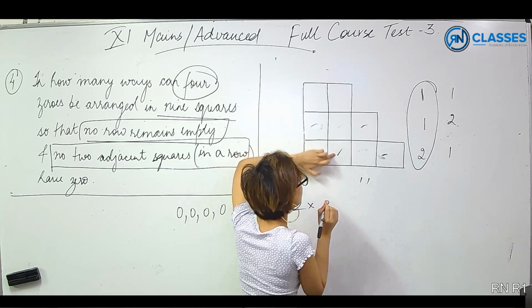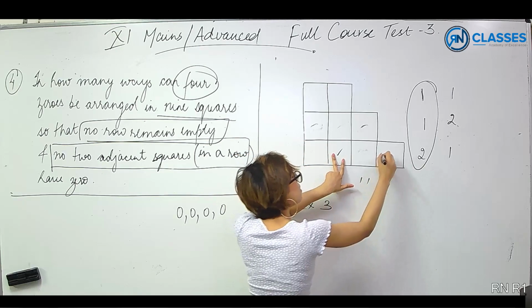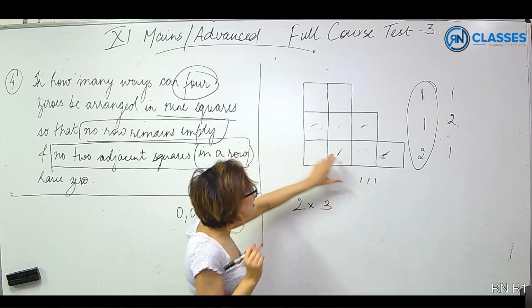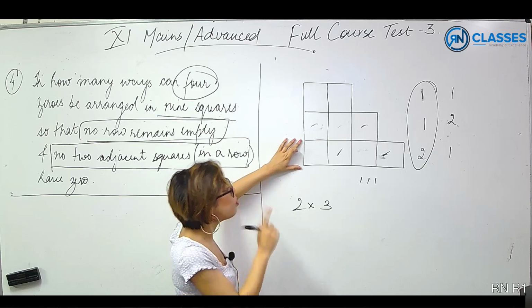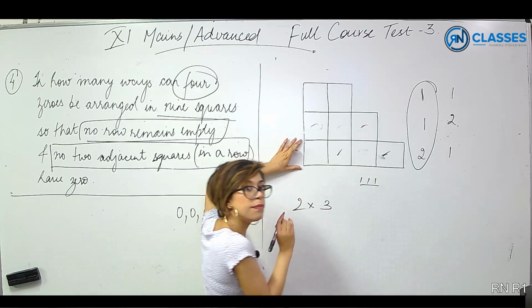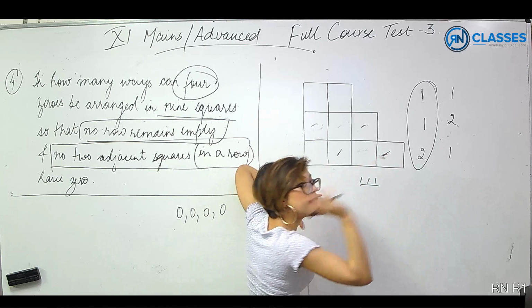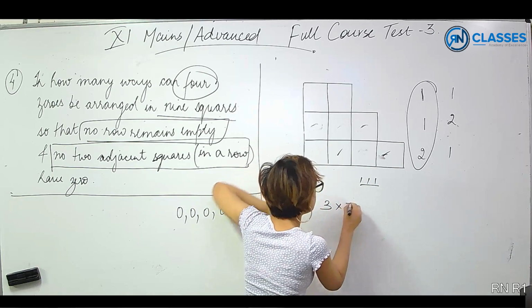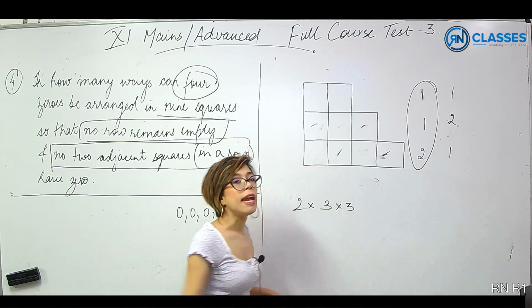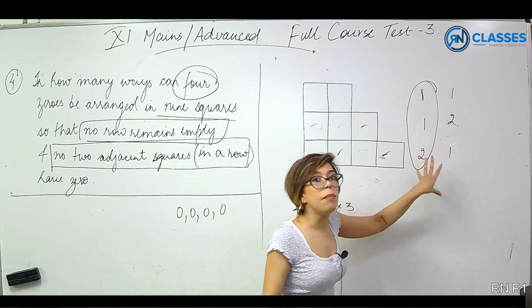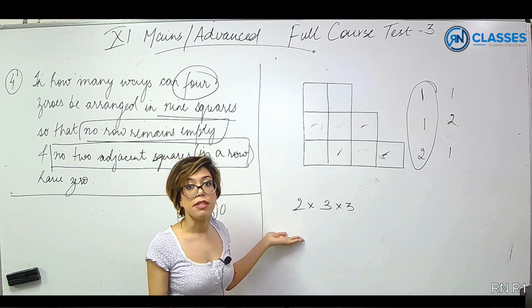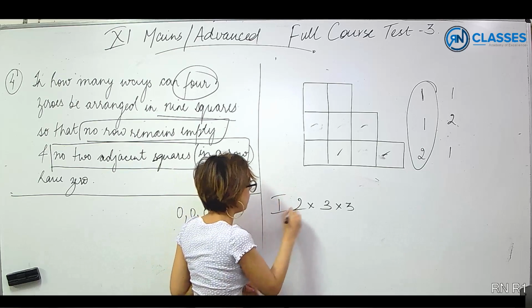So in total, the number of ways of putting 2 zeros in this row is 3. Now corresponding to these choices, I am getting 3 choices in the last one. So that is why into 3. So if I take this setup, I am getting these many arrangements. So this is the first one.